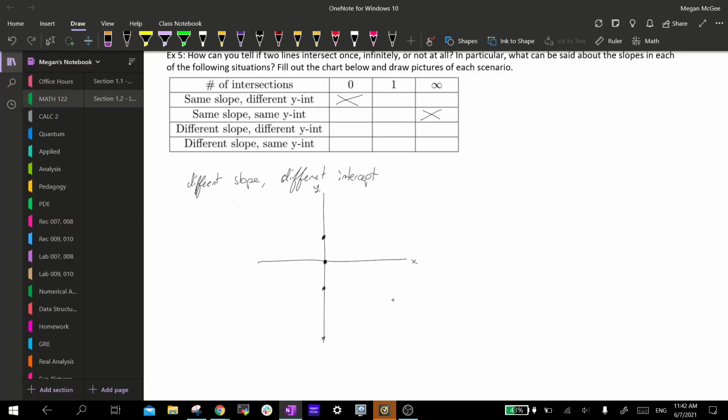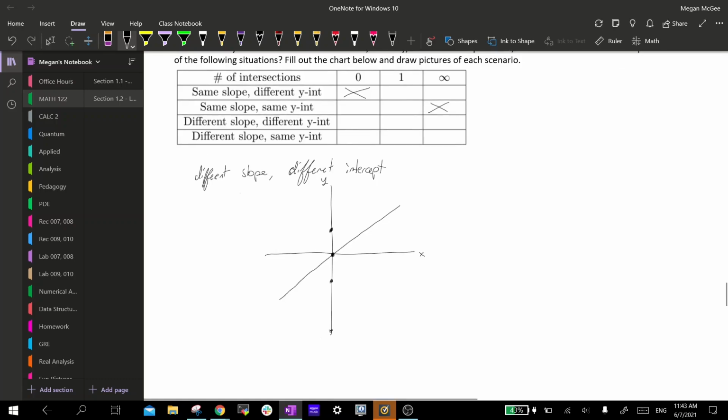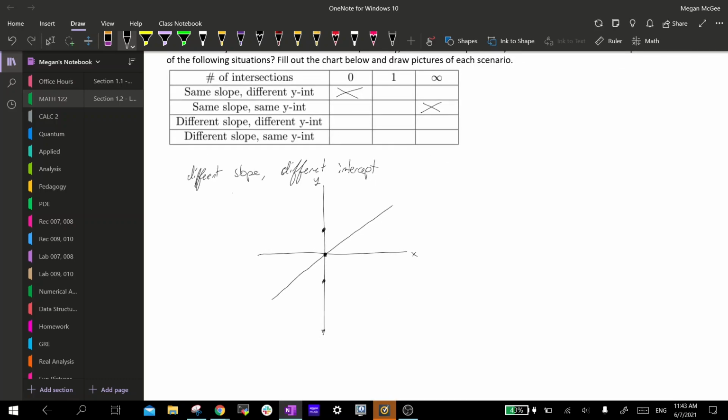Okay, so let's do a positive slope, and let's go ahead and do a negative slope, but a different intercept. Let's choose this point. Hey, look at that. We intersect. All right, well that's one intersection. If we keep going forever and ever in all 4 directions, are we ever going to hit each other again?